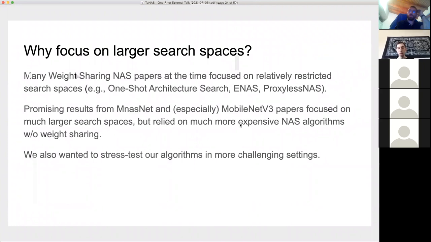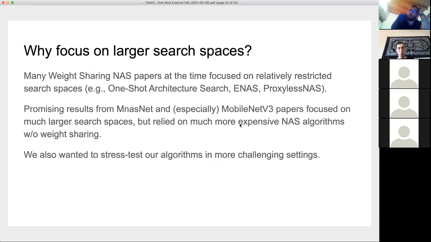And there are a number of reasons to focus on larger search spaces, which we did here. The search spaces that we were eyeing at the time were things like MNASNet or especially MobileNet v3, where people were making these very fine-grained decisions about the number of filters in different layers of the network.